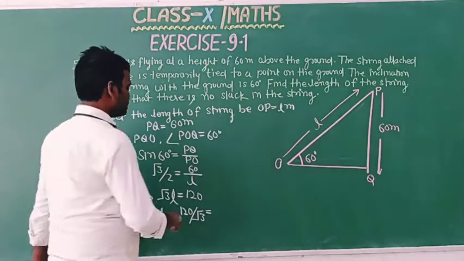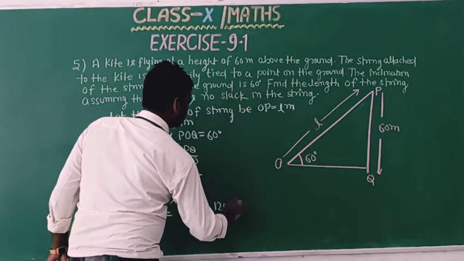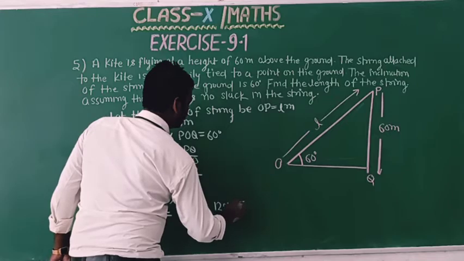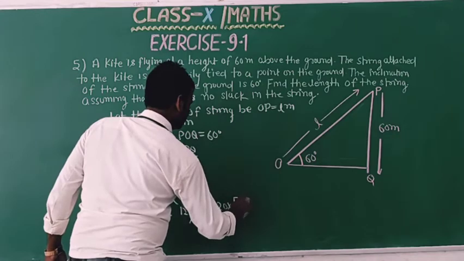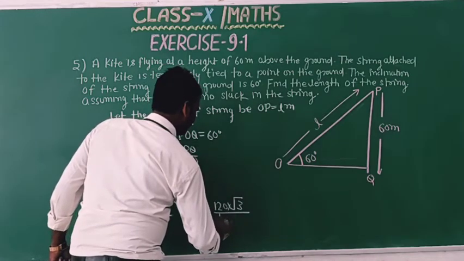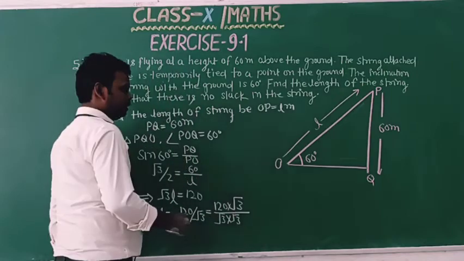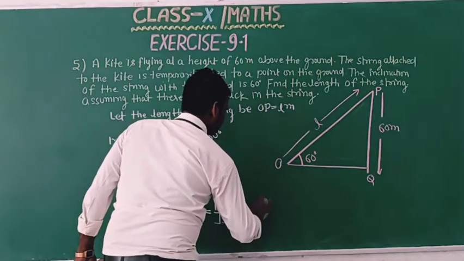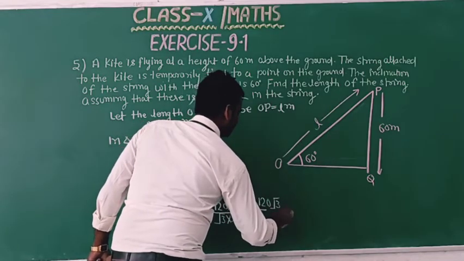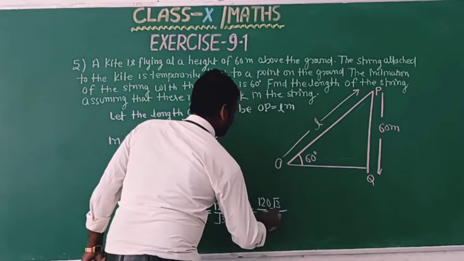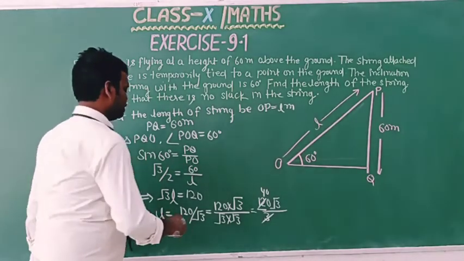Now rationalize, so this will be 120 into root 3 by root 3 into root 3, which is equal to 120 by 3 root 3. 3 fours are 12, which is equal to 40 root 3.